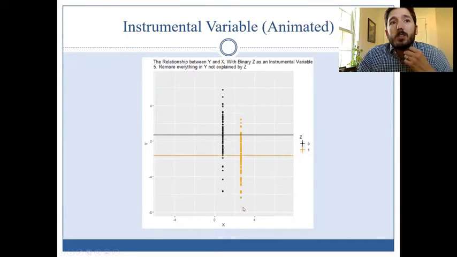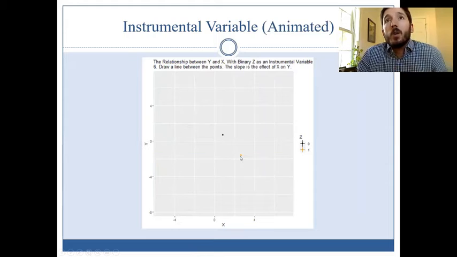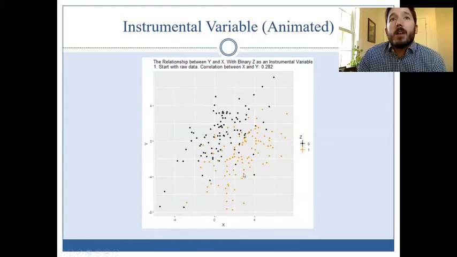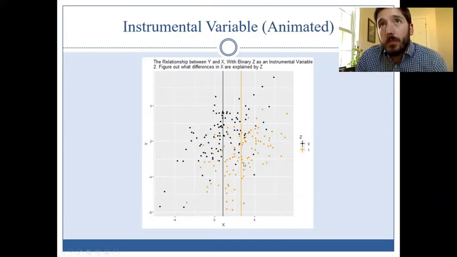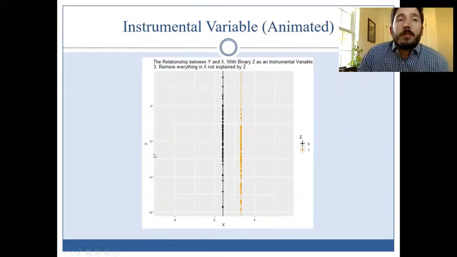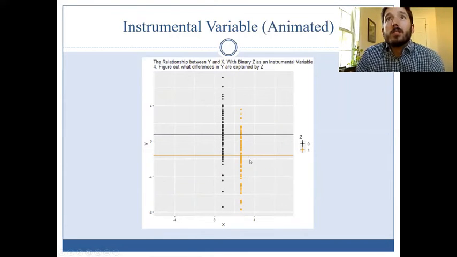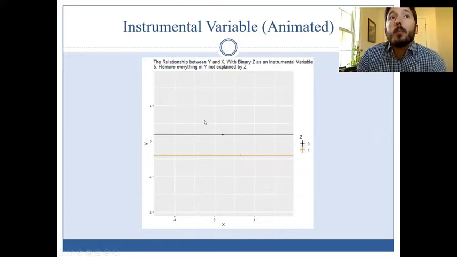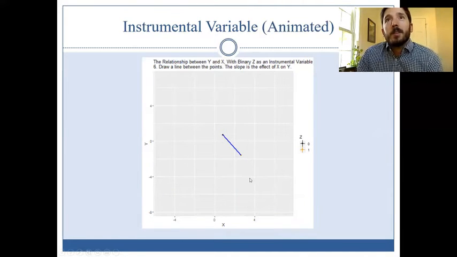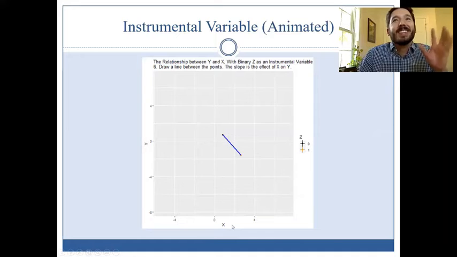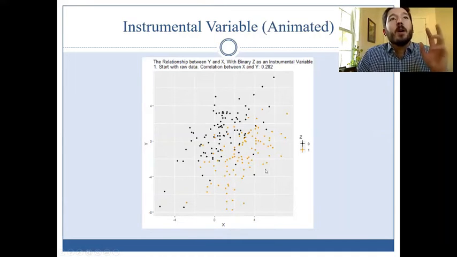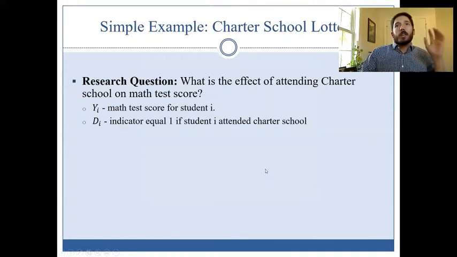So we're going to look at just, accounting for that change in the instrument. We're looking for just what's left in the variation in X that's due to the instrument and what's left in the variation in Y that's due to the instrument, and we're going to look at the slope there.